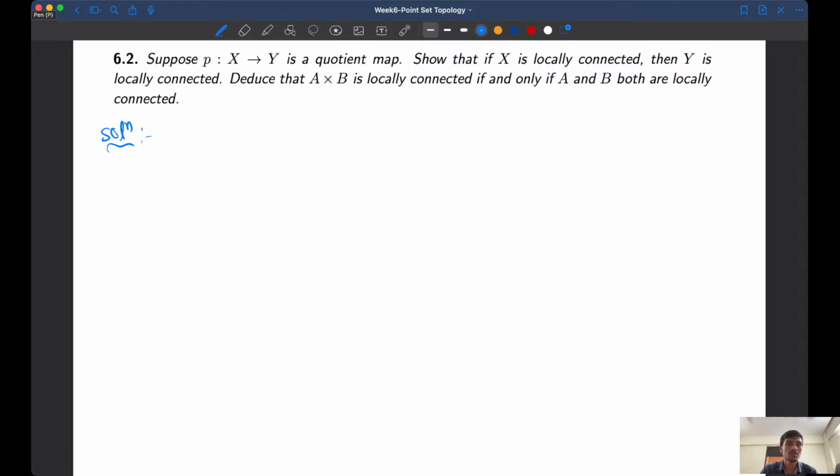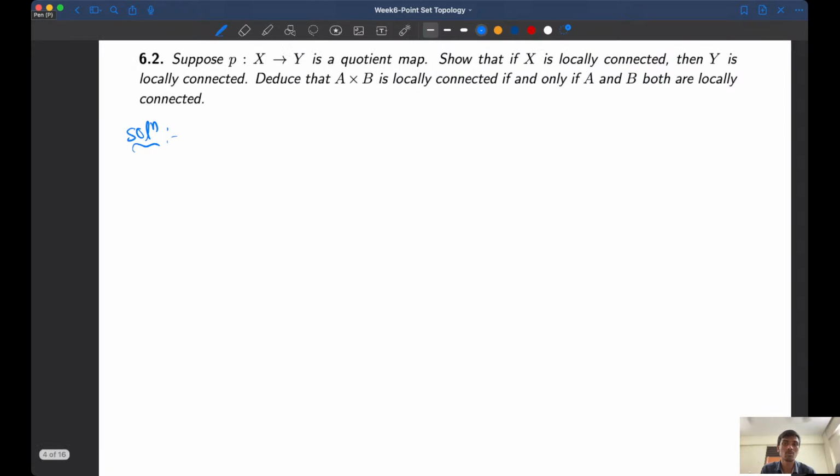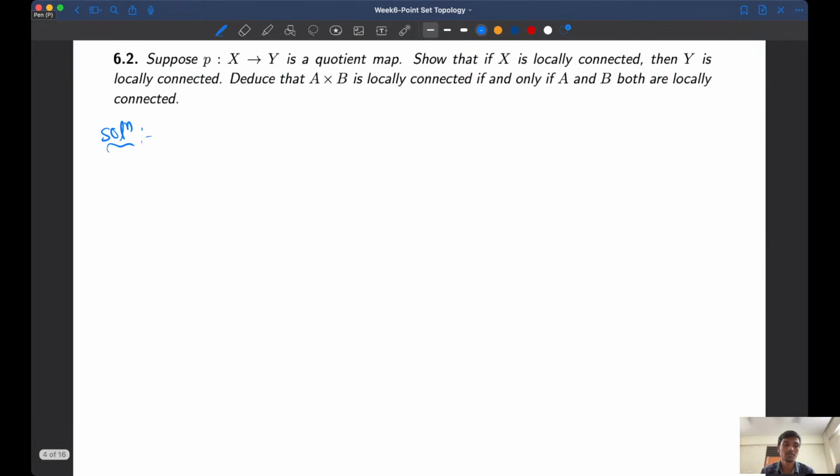Here, any idea how to prove this one? Again, for local connectivity, you may use the previous thing to conclude this, if that helps: the component of any open set is open. So let's try in that way only.